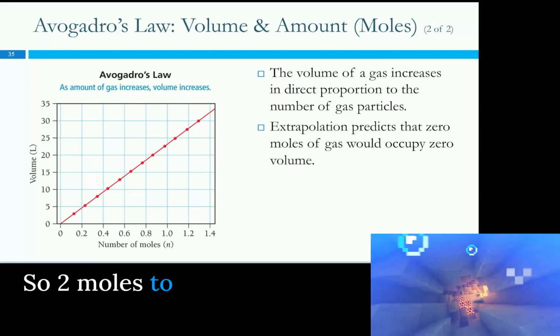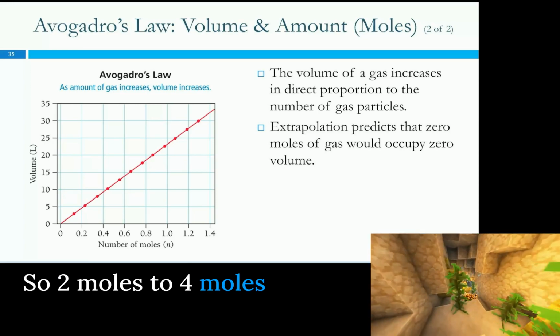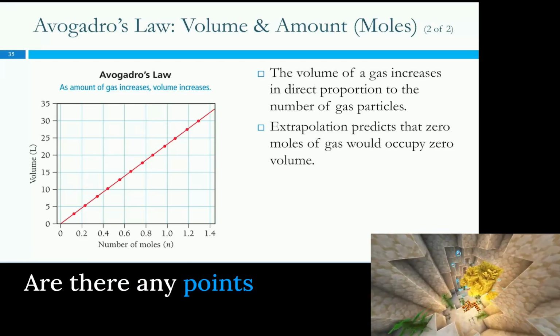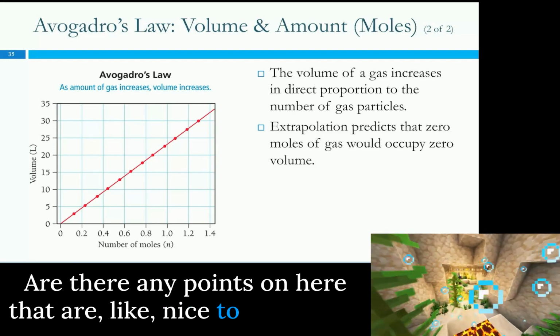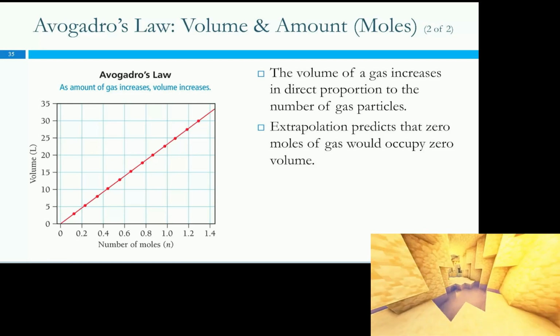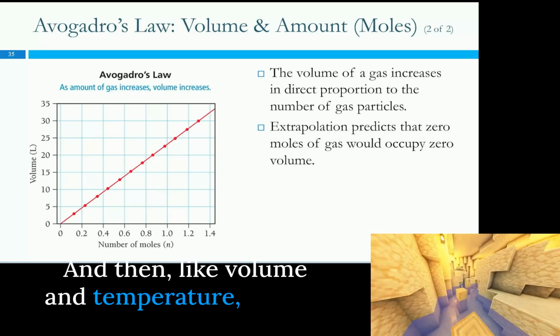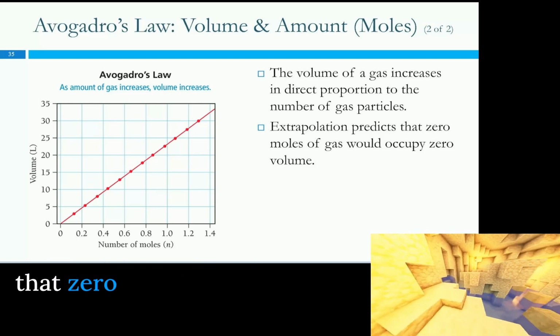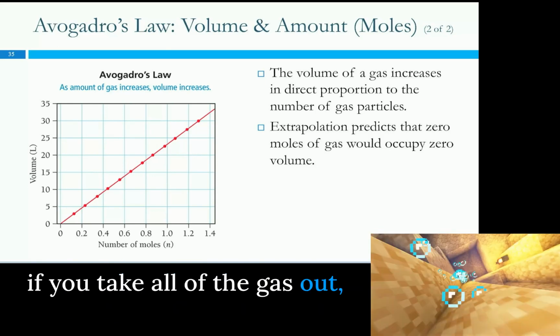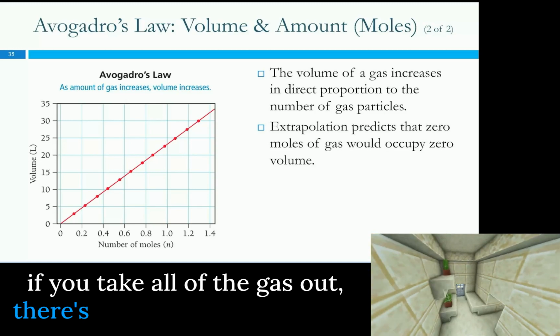So 0.2 moles to 0.4 moles should be a doubling in volume. Are there any points on here that are nice? Not really. And then like volume and temperature, we can extrapolate this back to say that 0 moles would be 0 volume, which makes sense. If you take all of the gas out, there's no more volume of gas.